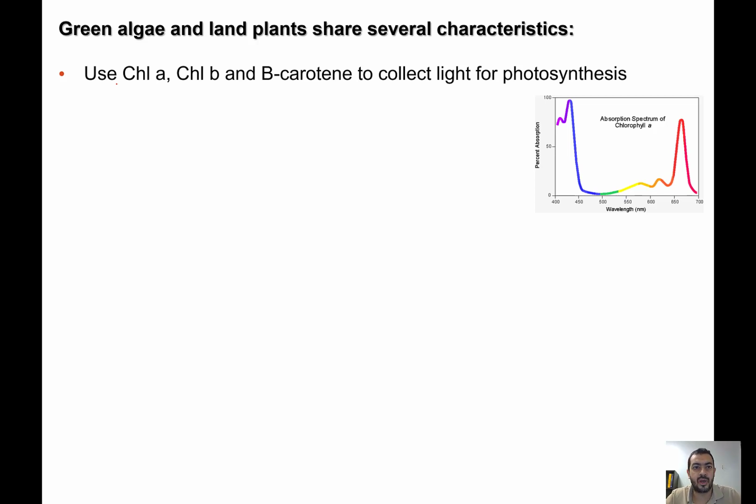So in order to cover the different wavelengths, it is an advantage for plants to have multiple pigments. So green algae and land plants have nearly the same pigments which they use for photosynthesis. This is the first indication of the relatedness of the two organisms.